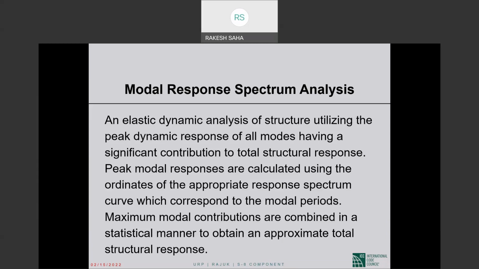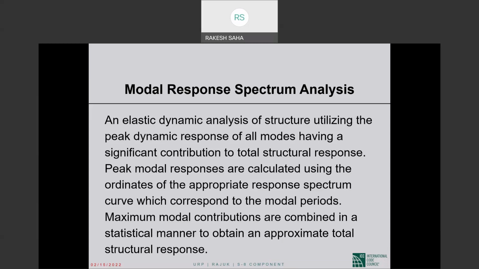Maximum modal contributions are combined in a statistical manner. This is another very important thing. The first mode will not hit its peak at precisely the same instant that the second mode hits its peak. So these modal maxima don't occur all at the same time, and we cannot just add the modal maxima. If we do, it will be an overestimate of response.